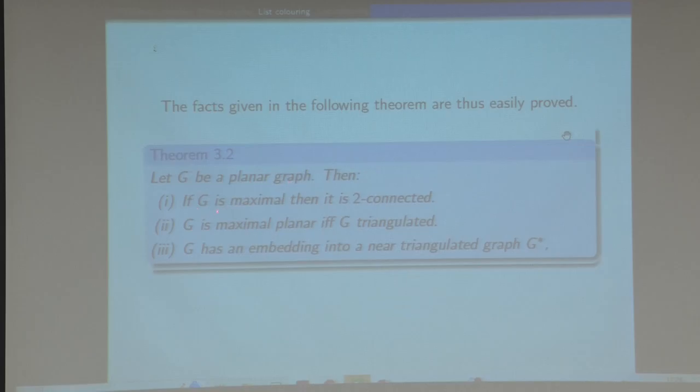Planar graph, if it is maximal, then it is two connected. If my graph is disconnected planar, then I can always add an edge from one component to another component, that is quite clear. Therefore, without loss of generality, I can assume that everything I do is connected.